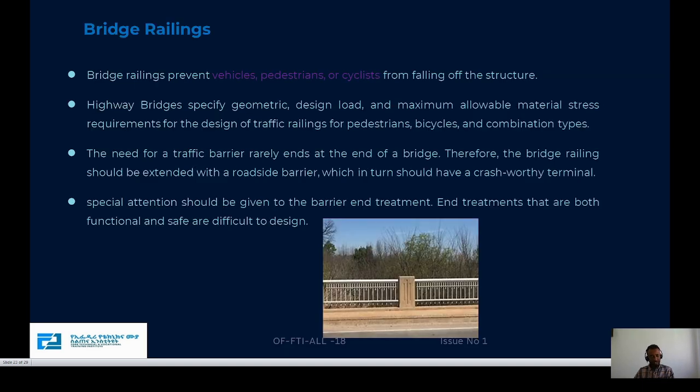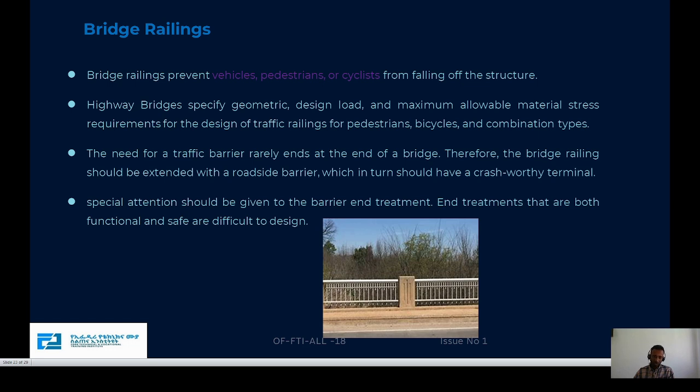And also the other element is bridge railing. Bridge railing provides protection for vehicles, pedestrians, and motorcyclists from falling off the bridge structure. The highway bridge specifications cover geometric design, loads, and maximum allowable material stress required for the design of traffic lanes, pedestrian and bicycle railings, and combination types.